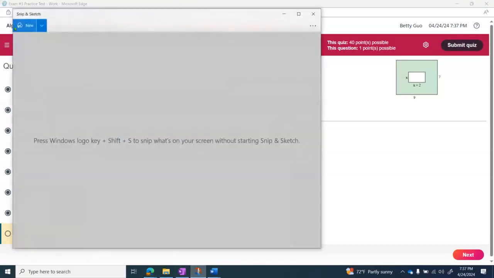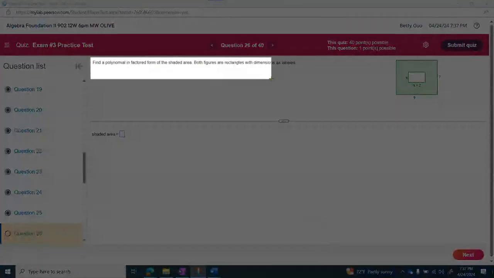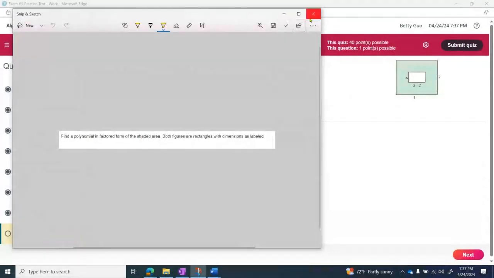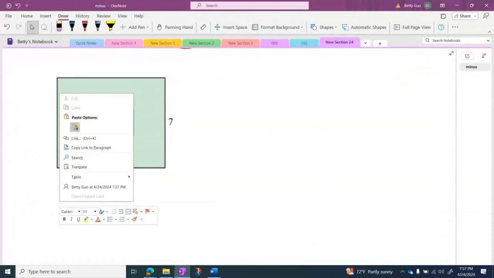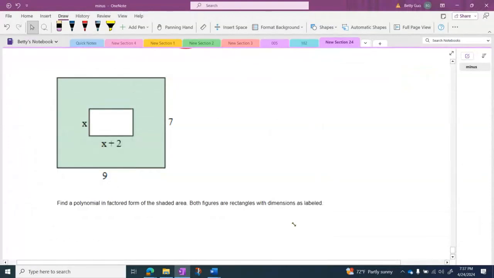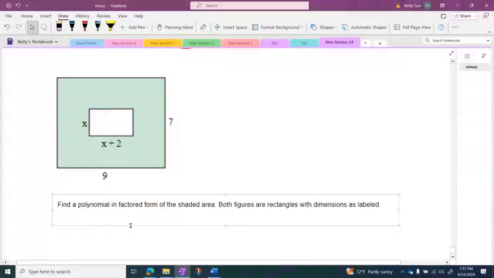We also need to read this part. Word problem, we need to read the words. It's not possible to get it right if we don't read the words. Both figures are rectangles with dimensions as labeled. So the area of the shaded region is going to be the area of the bigger rectangle minus the area of the smaller rectangle.